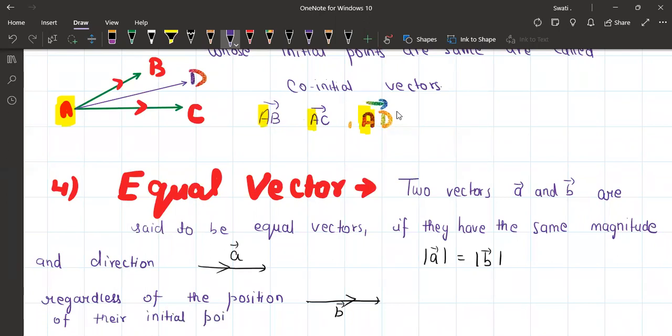We write these two vectors as vector A equal to vector B. This is how we denote it.